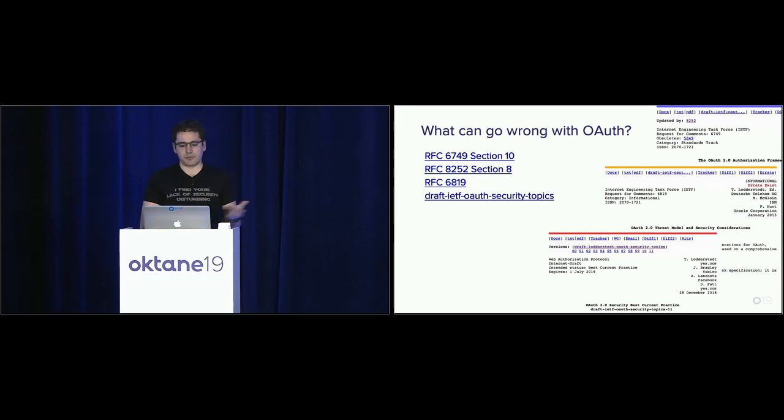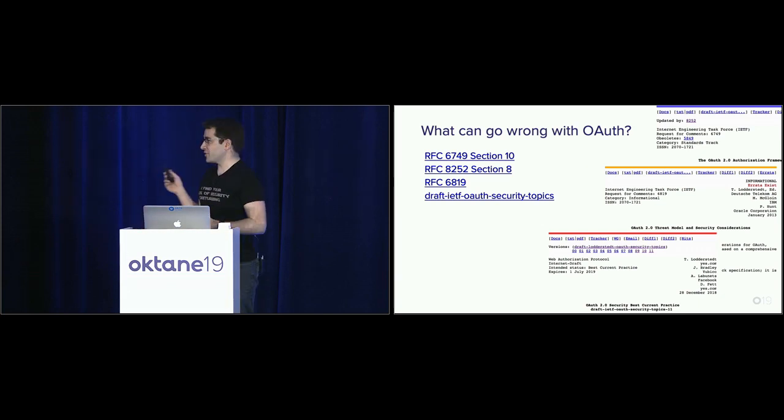And then a few years later, there was this 8252, which talks about some new problems related to tokens and things like that. And then there's 6819, which is like a document dedicated to just security topics around OAuth. And there's even a new one, which is in draft right now, which is a whole host of new things, since OAuth has kind of evolved a lot in the last 10 years.